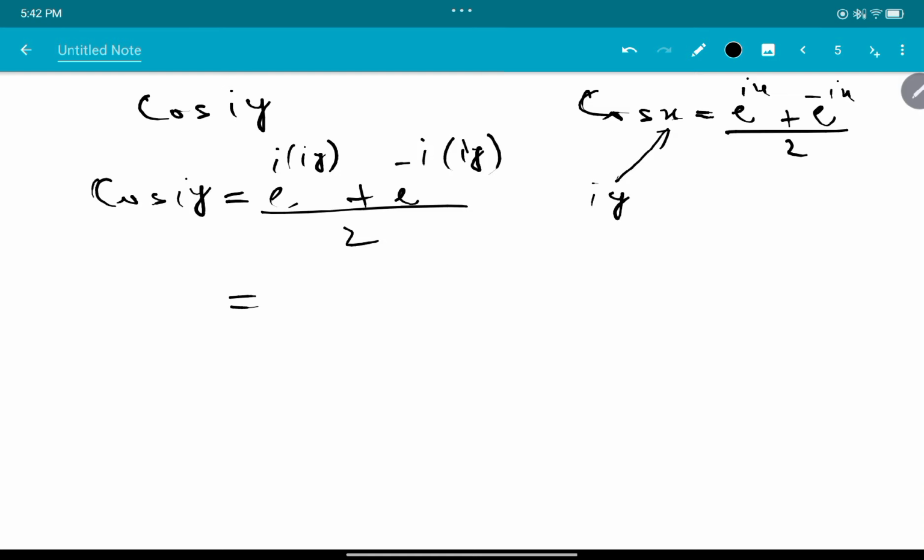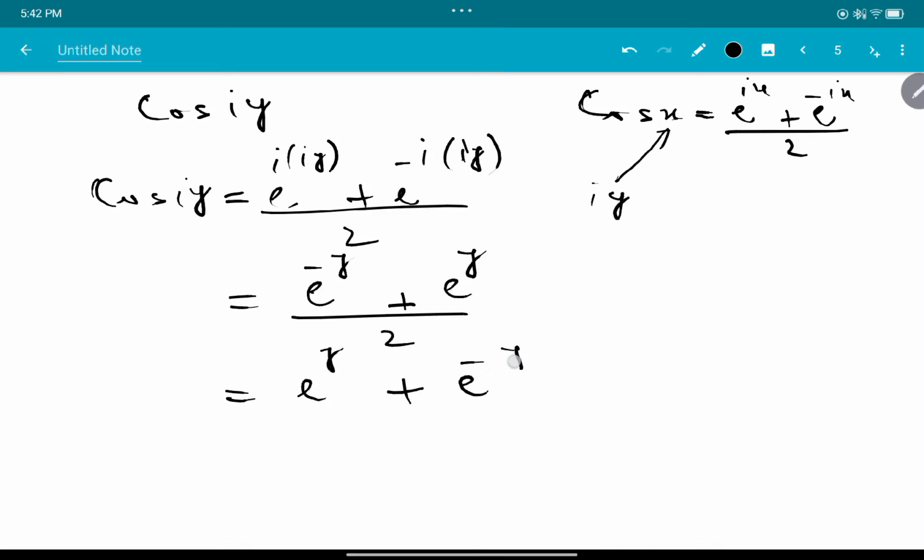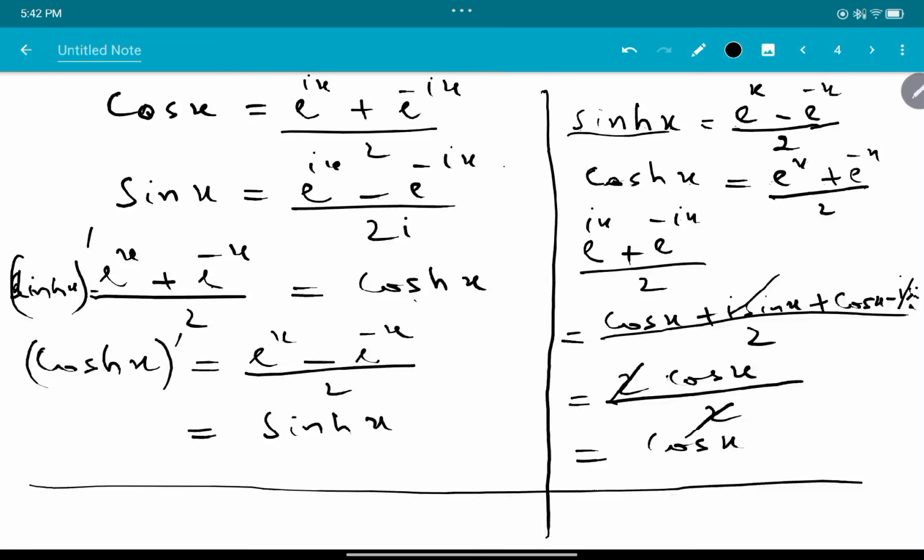What is that equal to? This is minus e raised to minus y, then e raised to i square is minus, and minus and minus makes plus, so this becomes plus y, divided by 2. That is equal to simply e raised to y plus e raised to minus y divided by 2. And what is this? This is simply hyperbolic cos y. You can check hyperbolic cos is e raised to x plus e raised to minus x divided by 2.